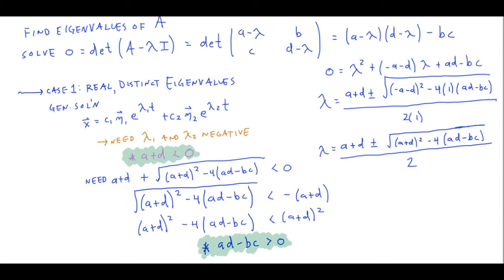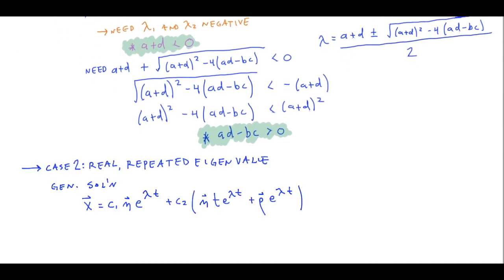Let's perform that same sort of analysis in the second case. Let's look at the case where we have a real repeated eigenvalue. And as we've seen in this section, the general solution for the case when I have a real repeated eigenvalue will look like this. All of the function terms in this general solution are just e to the lambda t.